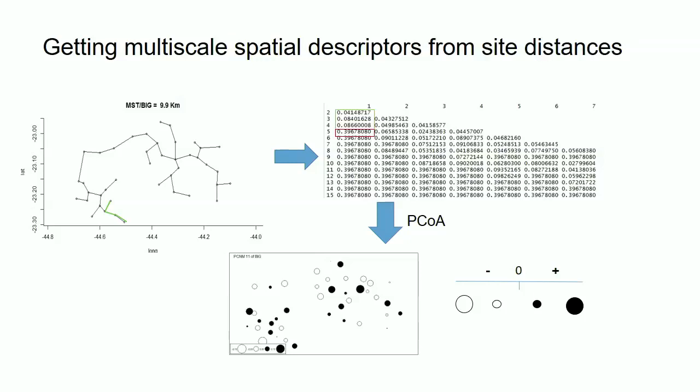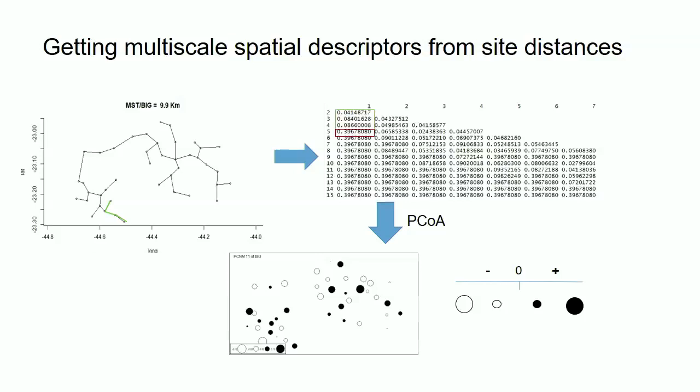So black is positive, white is negative, and the bigger the bubble, the further it is from zero, either negative or positive. So what you get here is basically showing what things are close together and if they are similar together, and how you can see the general pattern out of it.